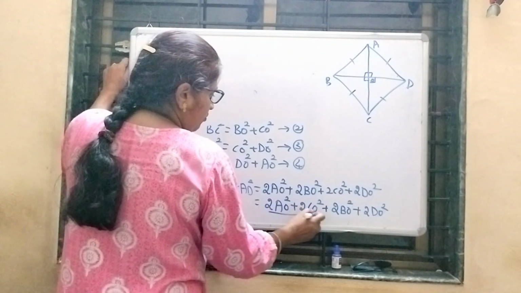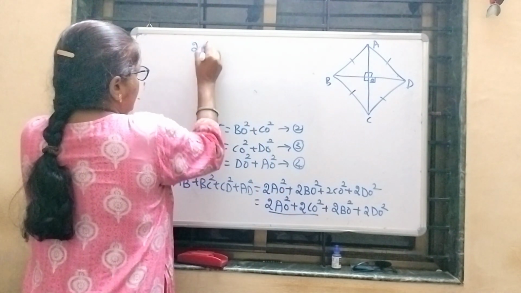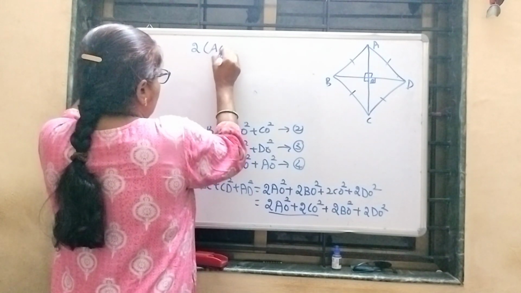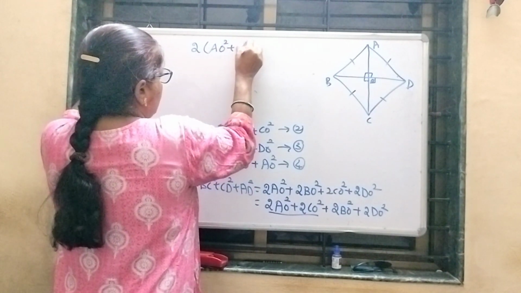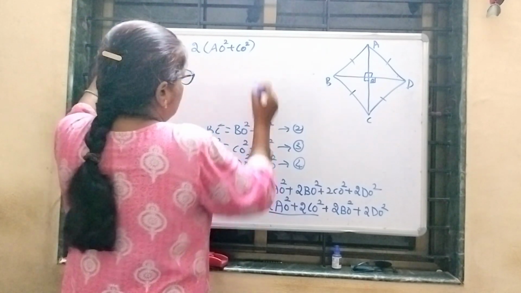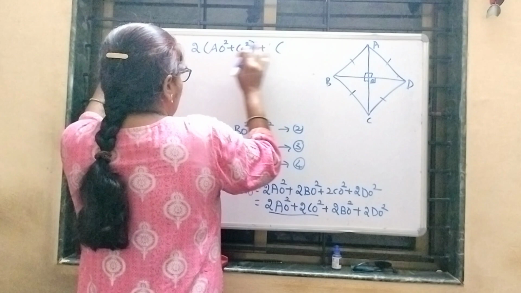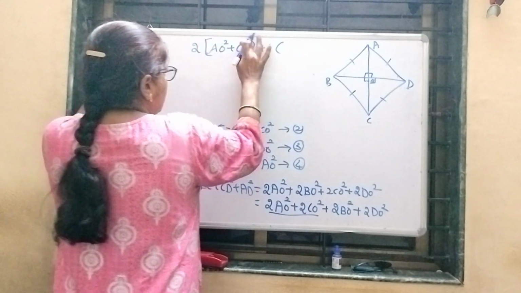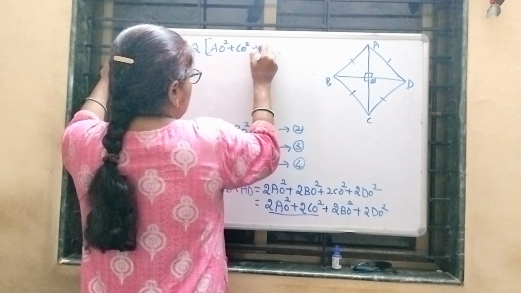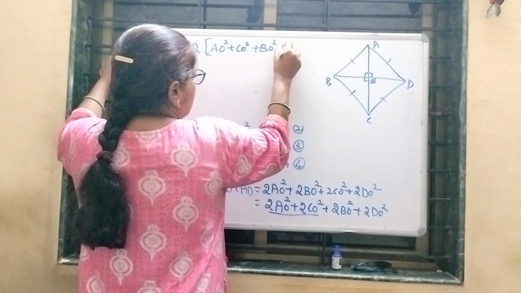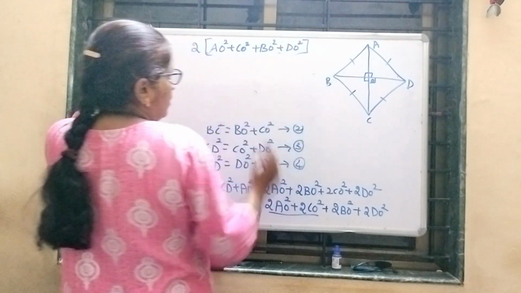2 if you take common, what you will get? AO square plus CO square you will get. Again if you take 2 common overall, then you will get 2 times AO square plus CO square plus BO square plus DO square.